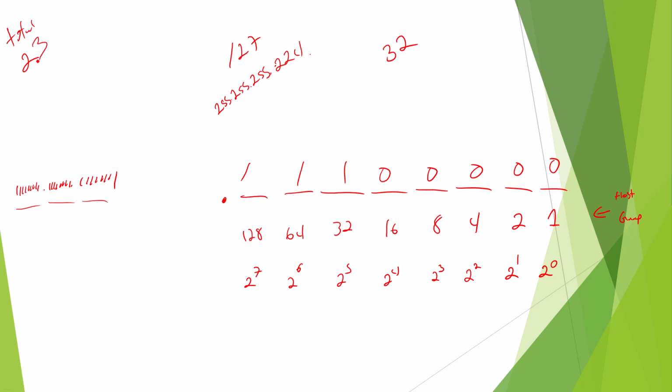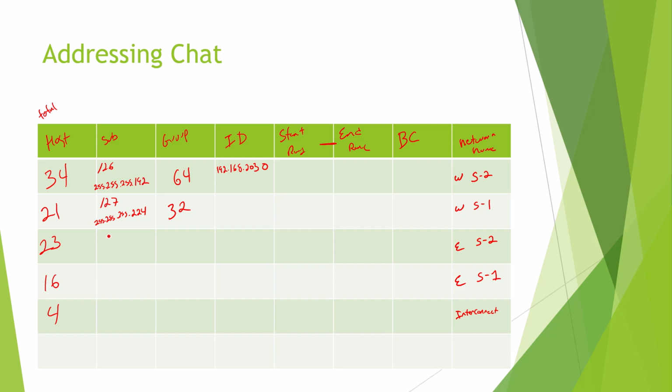I just didn't want to erase everything and redo it because it's the exact same. Subnet, all those details: /27, 32, 255.255.255.224.